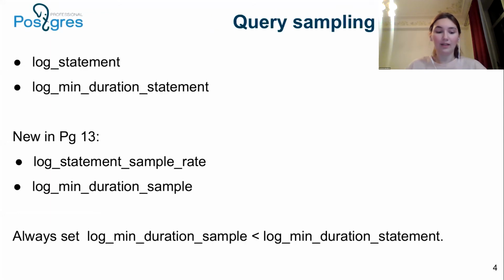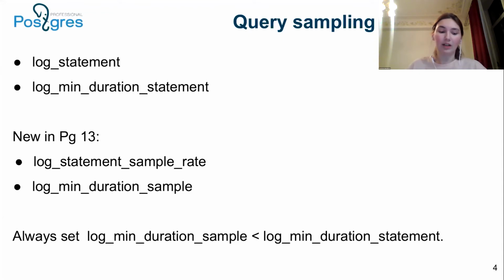So let's start with my personal favorite. Those of you who monitor database queries must already be familiar with these parameters. log_statement, which controls which SQL statements are logged, and log_min_duration_statement, which enables logging of statements that run for at least the specified amount of time.